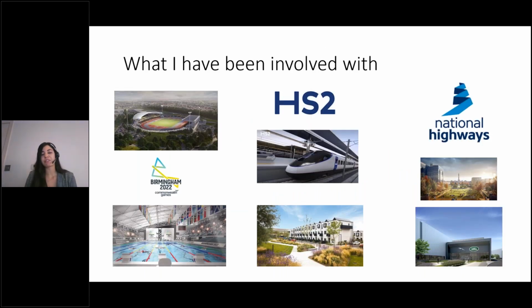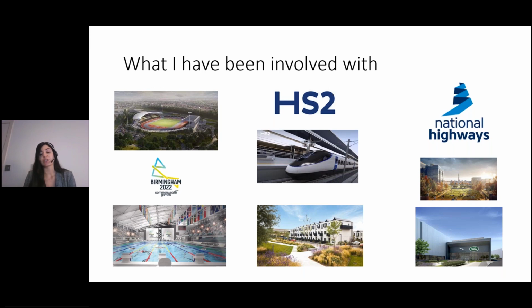Through my career, I have been involved with many iconic projects, and one of them is Alexander Stadium. Many of you may know it hosted the Commonwealth Games of 2022 last summer, and I was the lead civil engineer at the time, managing my own team. I was also involved in the aquatic center, again built for the Commonwealth Games.